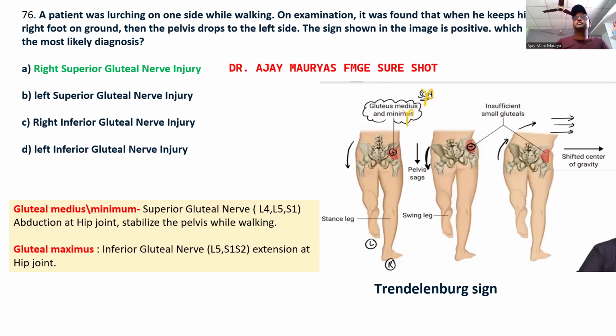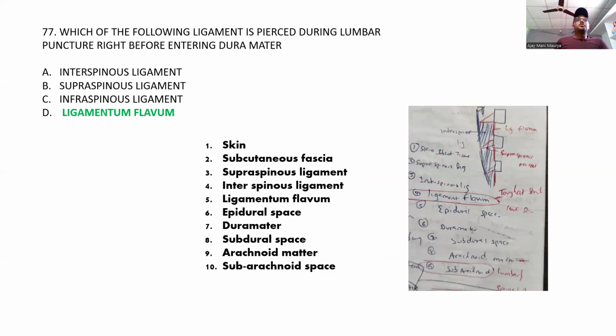Please remember this one. Which of the following ligaments is pierced during lumbar puncture right before entering the dura mater? The ligamentum flavum. Please remember, guys, this is very important. What are the layers pierced? First is skin, next subcutaneous fascia, supraspinous ligament, interspinous ligament, ligamentum flavum.